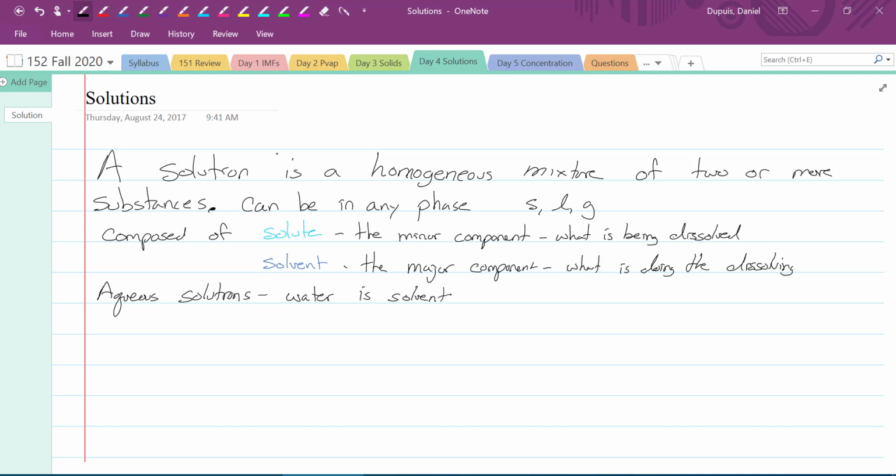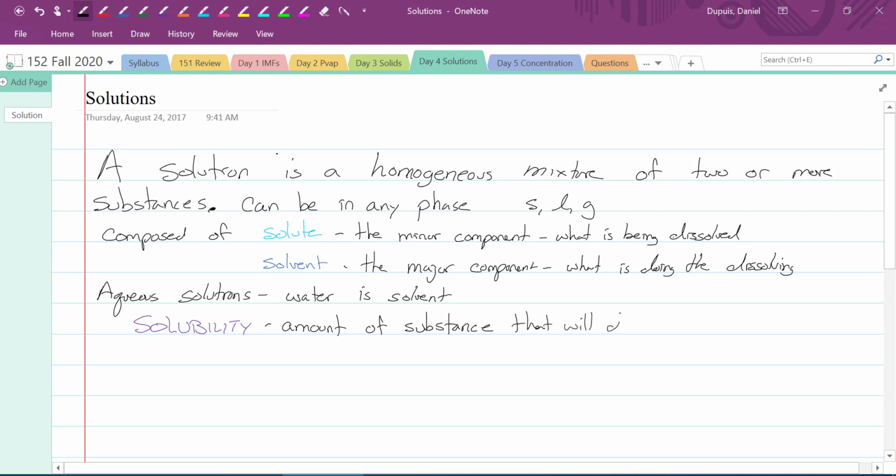All right, and so now the next word we're going to define here is solubility. Solubility is the amount of substance that will dissolve per given amount of solvent.